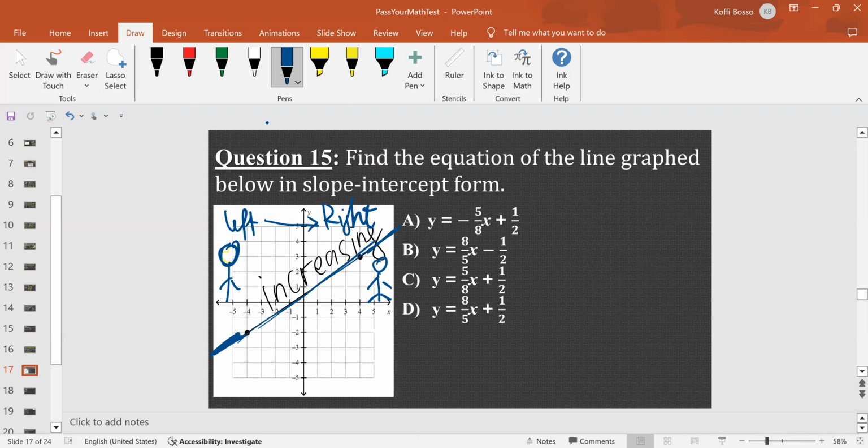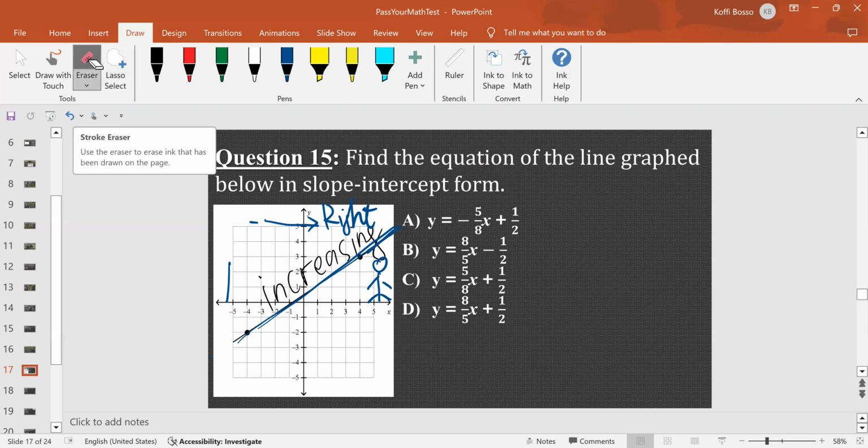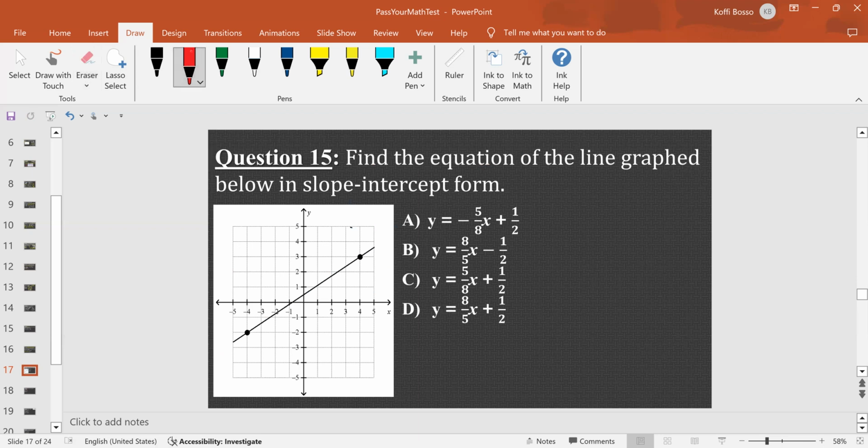Yeah, it's increasing. Therefore, every time you have a line that is increasing, we see that the slope of that line is positive. So this line has a positive slope because it's a line going up.